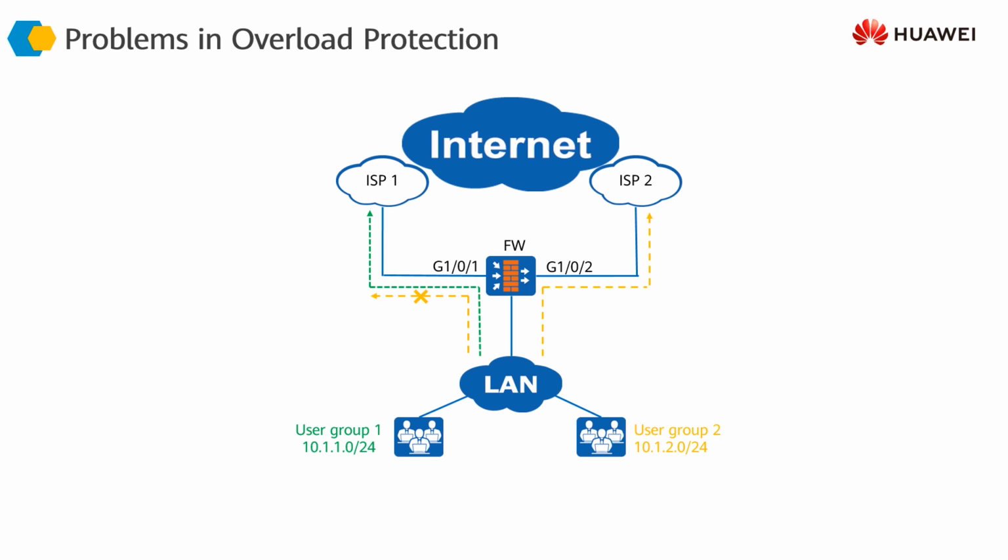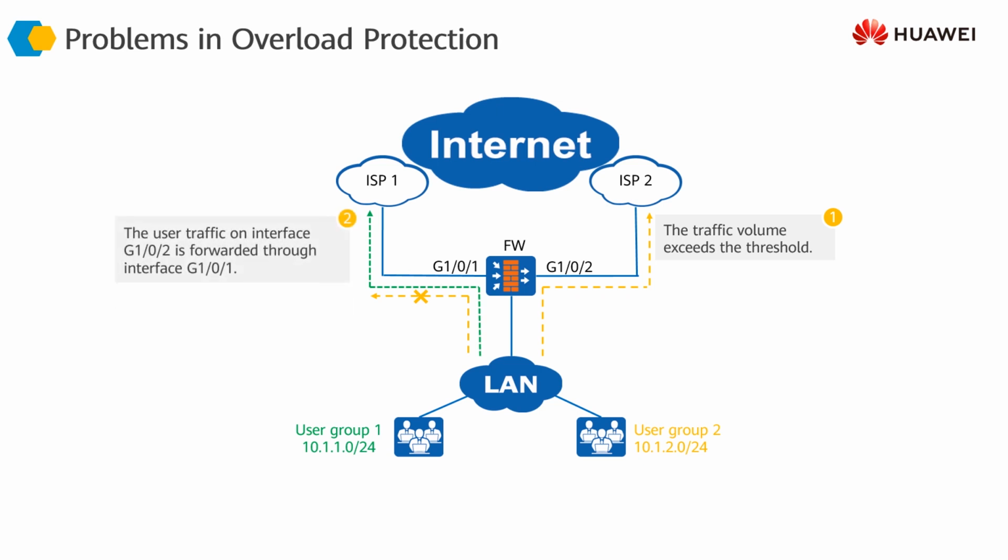In this situation, let's suppose the link for ISP 2 exceeds the overload protection threshold. Then the traffic from user group 2 is going to be forwarded through the ISP 1 link and not through the ISP 2 link, because this link has already crossed its threshold. The next traffic coming from user group 2 is also going to be forwarded through ISP link 1.